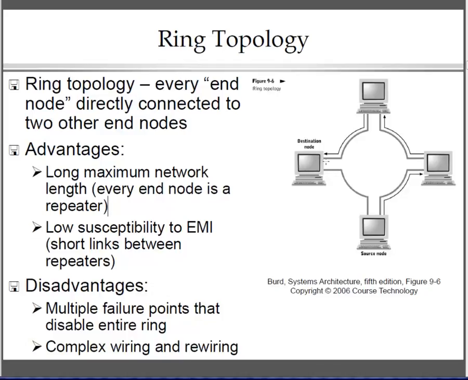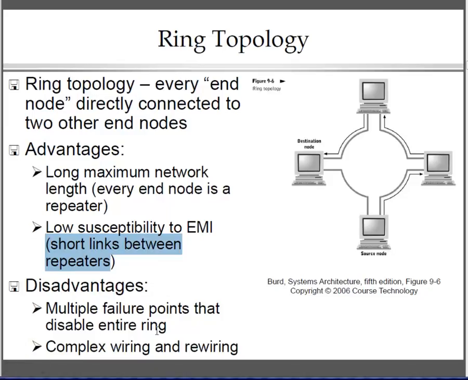So whatever message comes in, if it's not intended for this node, it will repeat it onto the outgoing link. Because each time you repeat, you're generating a new signal, these rings can actually get very large, much larger than a bus network. They also have relatively low susceptibility to EMI, assuming we're talking about electrical wired connections here, because once again we have relatively short links.